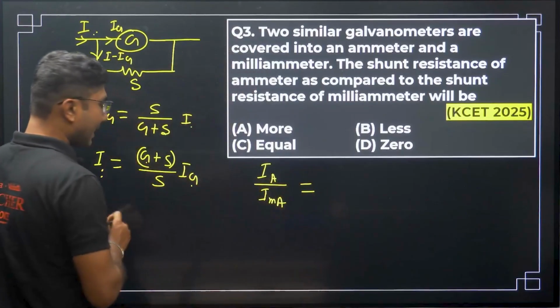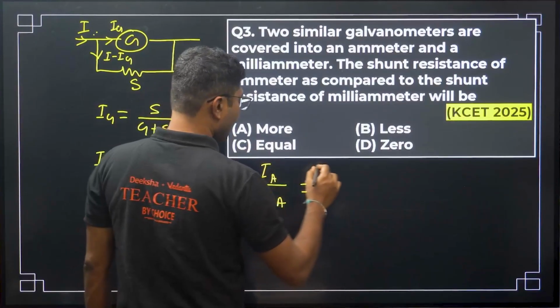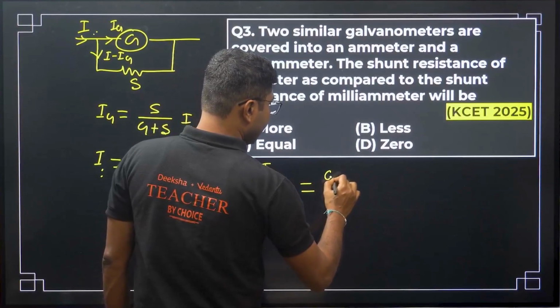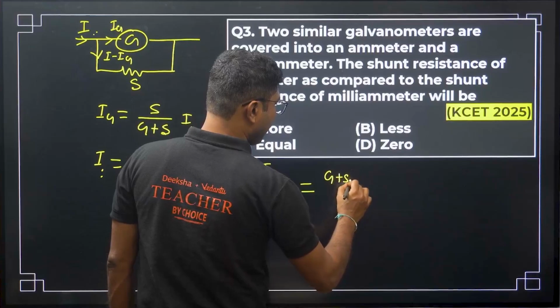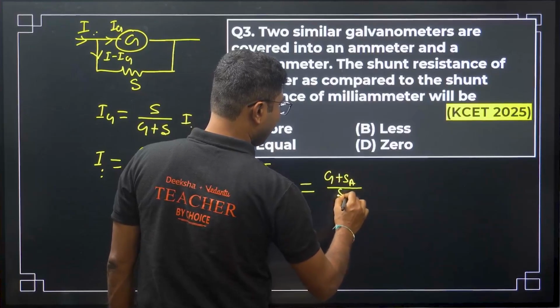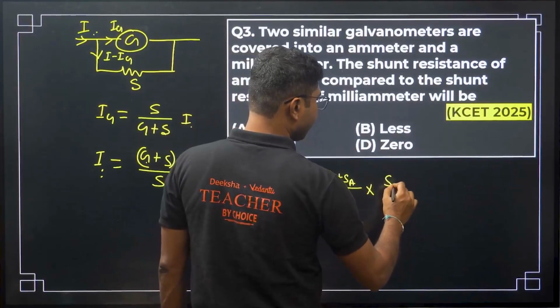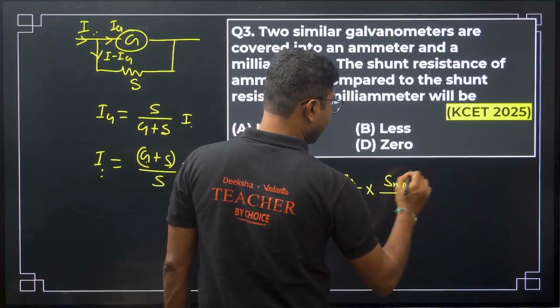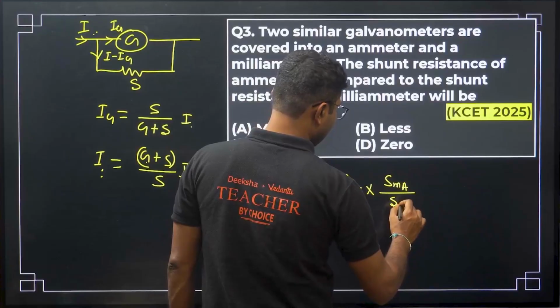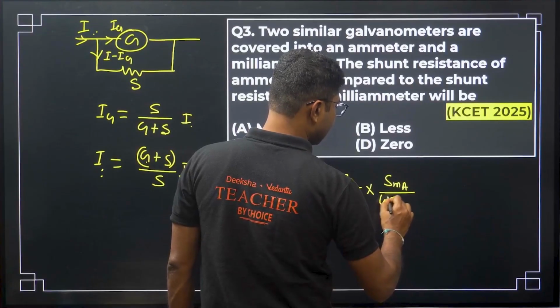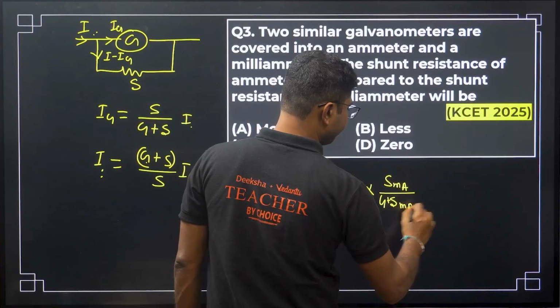So you can write this as G plus S ampere divided by S ampere, into S milliampere divided by G plus S milliampere.